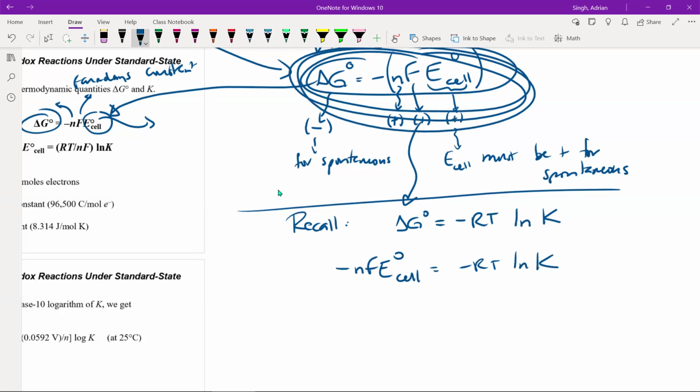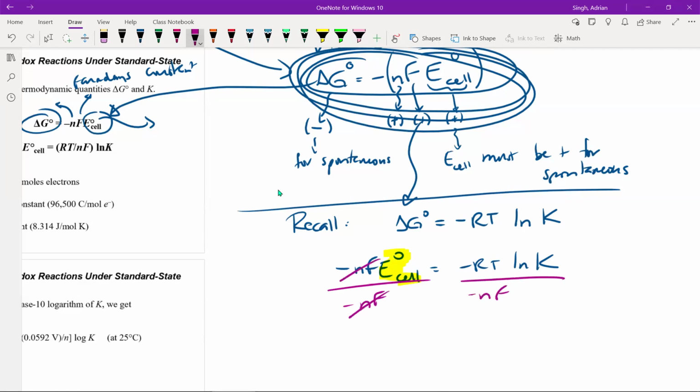If delta G is equal to that and is also equal to RT ln K, I can make them equal to each other. Solving then for E of the cell, if I were just to isolate E of the cell on one side of this equation, I need to divide both sides by negative NF.